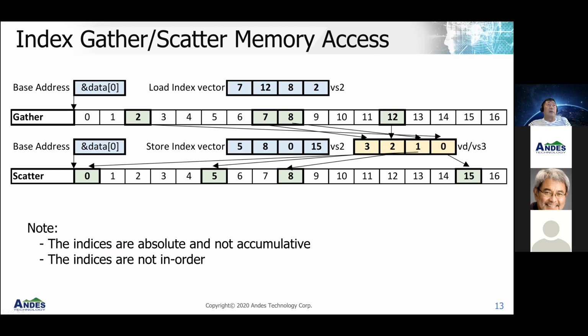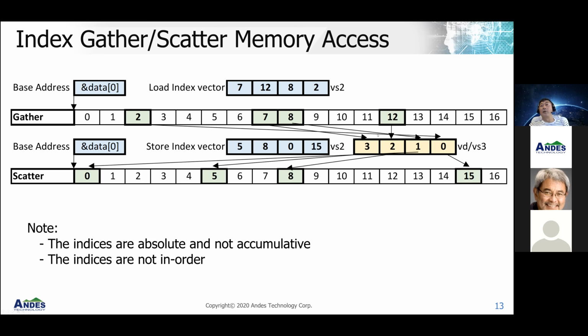Okay, so for the gather-scatter memory access, you have a base address, and VS2 is defined to give the offset from the base address to load the data. If the offset is 2, you take element 2 and put it into the first element.